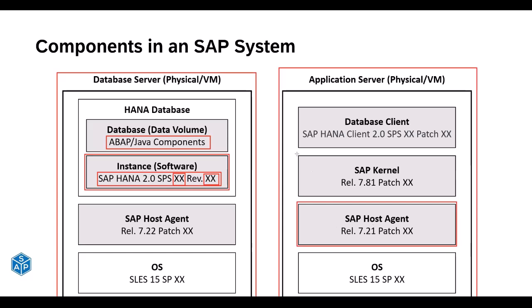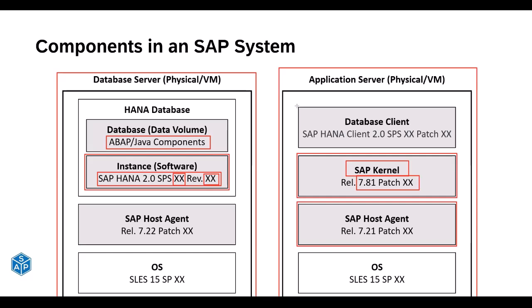Second is your SAP kernel. If you remember, at the time of installing the application server, we provided the path for the application kernel. So you can also upgrade the SAP kernel, which is something like NetWeaver 7.81, and this is the patch level. Then comes your database client.